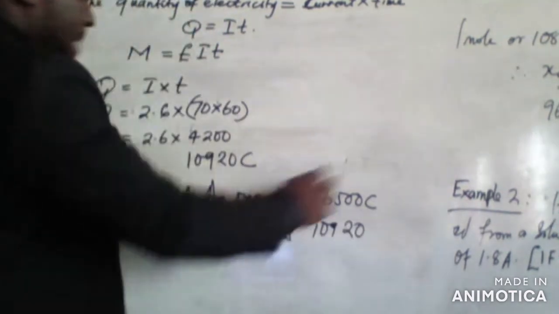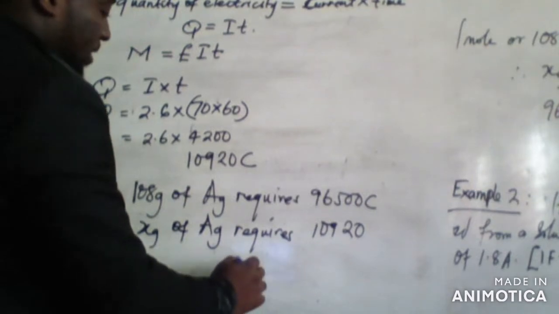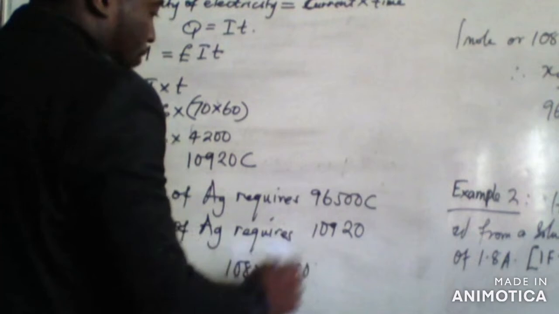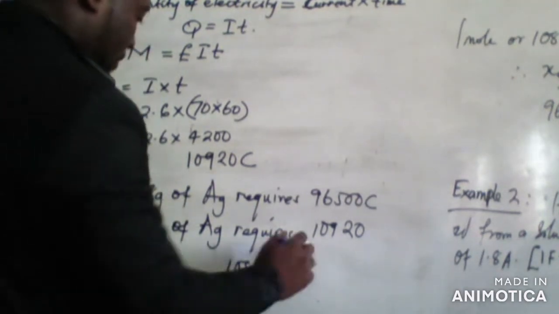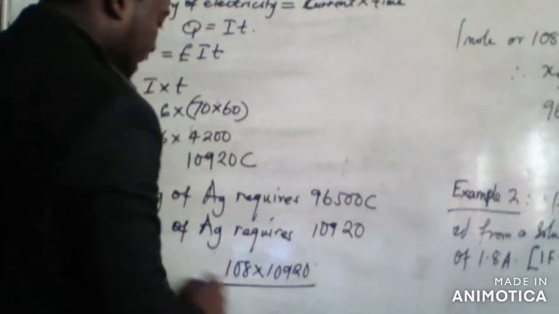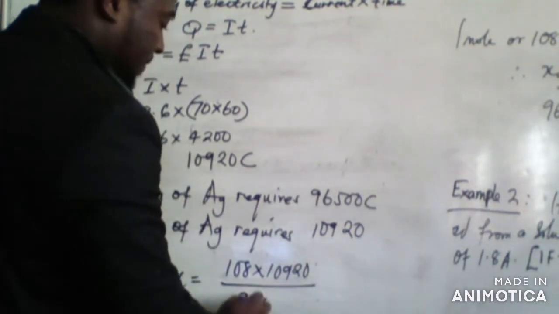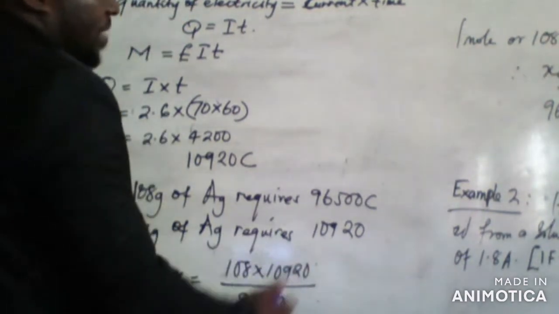So by the time I cross multiply, I will have 108 times 10920 coulombs of electricity, divided by 96500.